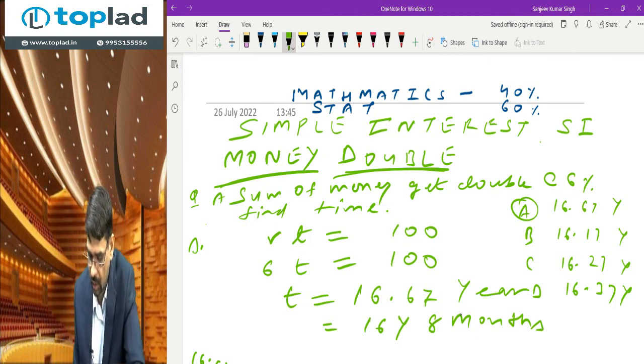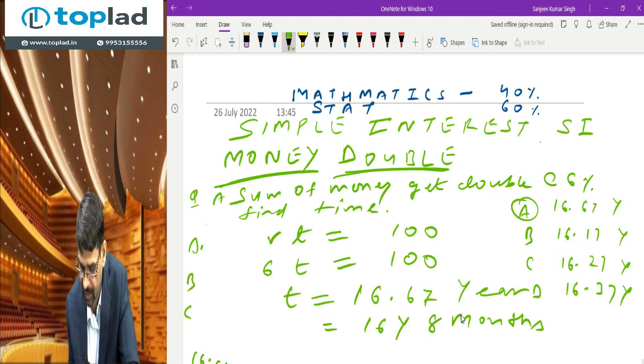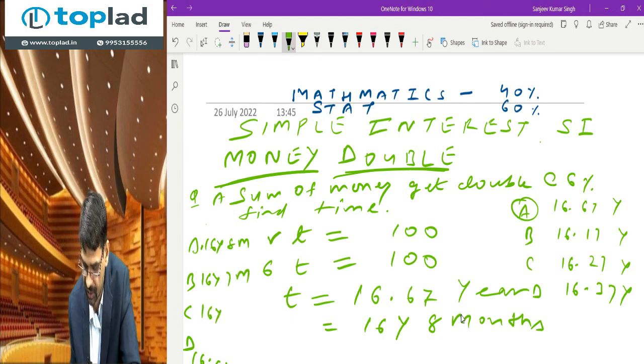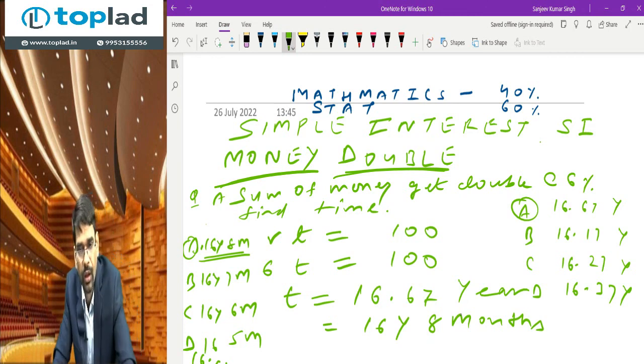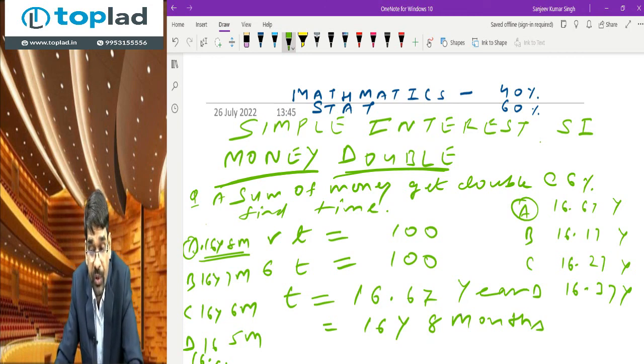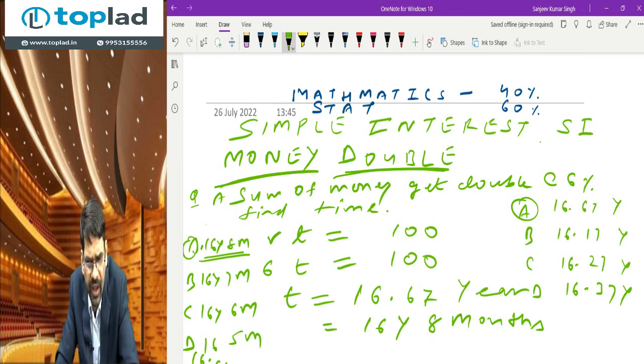At the examination you will see A, B, C, D: 16 years 8 months, 16 years 7 months, 16 years 6 months, 16 years 5 months. So our correct answer is A, 16 years 8 months. This is a presentation: we can write 16.67 like this, 16 years 8 months. We just convert the decimal part of the year into months.